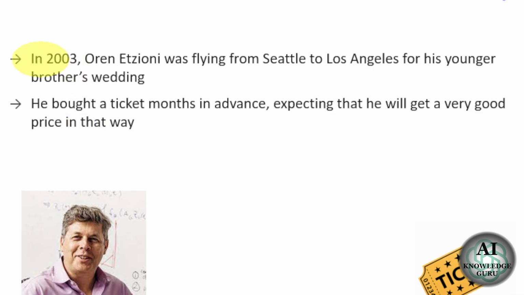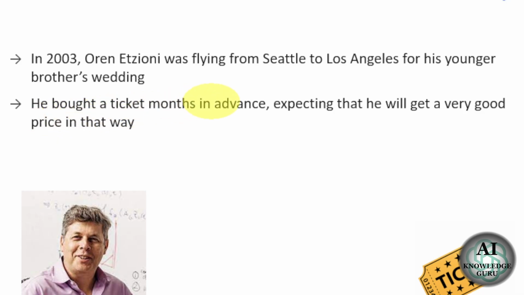For an example, in 2023, Mr. Oren was flying from Seattle to Los Angeles for his younger brother's wedding. He bought a ticket months in advance, expecting that he will get a very good price that way. So he did all his calculations on what will be the benefit.